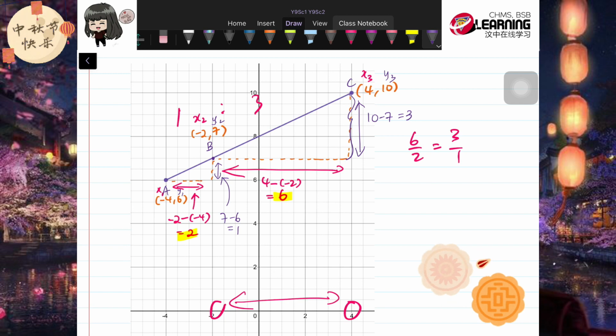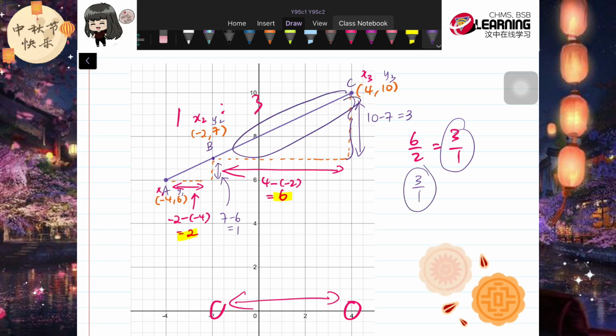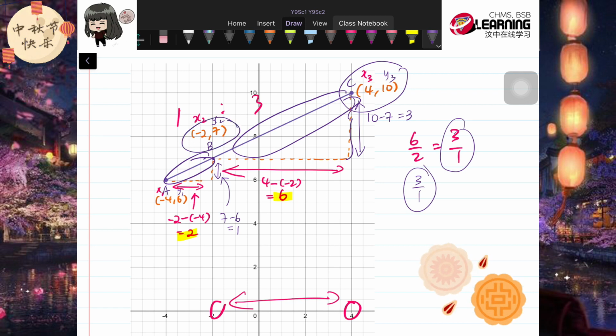So 3 to 1, the ratio is the same, isn't it? So same goes to this and this. It's also ratio 3 to 1. So remember, the third coordinate minus the second coordinate over the second coordinate minus the first coordinate, then you will get the ratio.